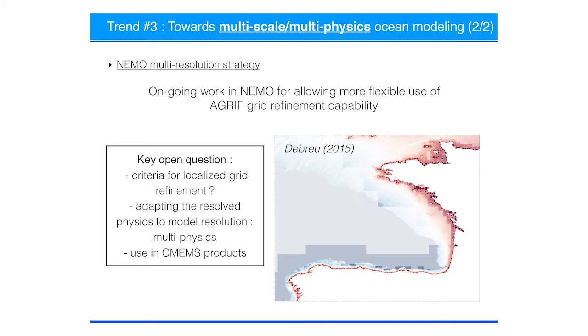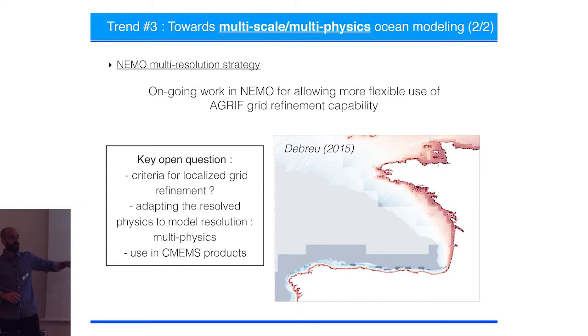To do that, we need to go to a situation where we can have a large number of AGRIF nests. So that's an illustration that you have here from Laurent Debreu, where a pilot application here is using a very large number of AGRIF nests. There are a number of algorithmic issues that should be solved for this.